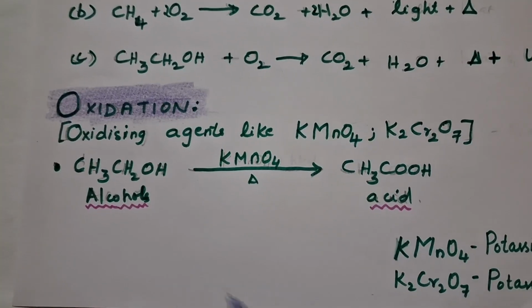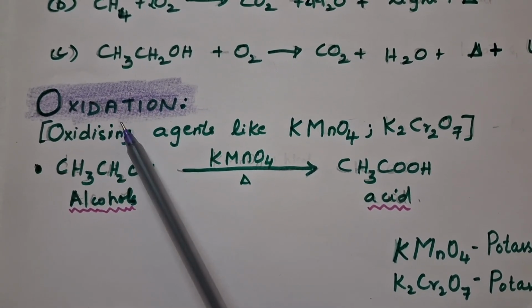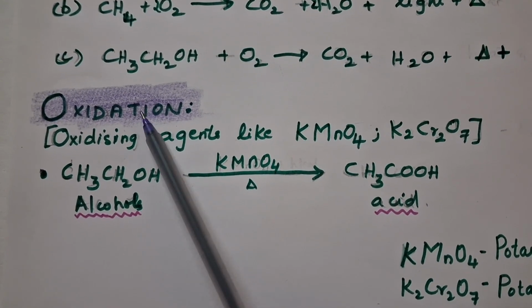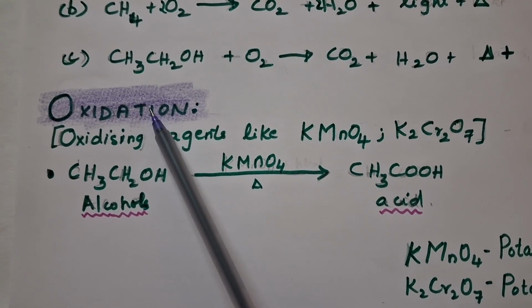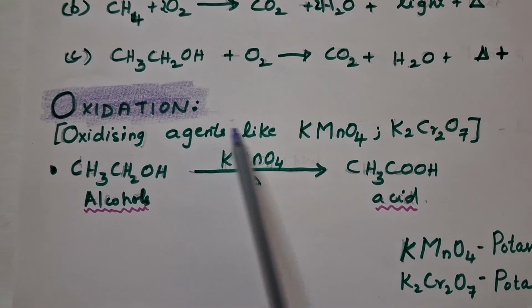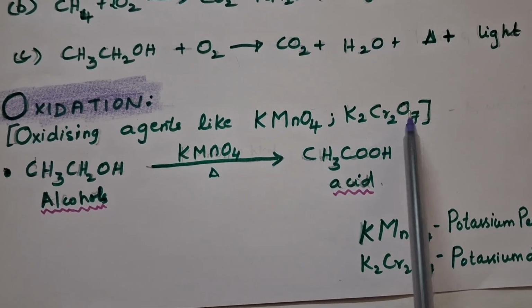The next one is oxidation. What is oxidation? Addition of oxygen is called oxidation. In the first chapter we would have studied about oxidation and reduction reactions. Here oxidation is brought about by agents like potassium permanganate and potassium dichromate.